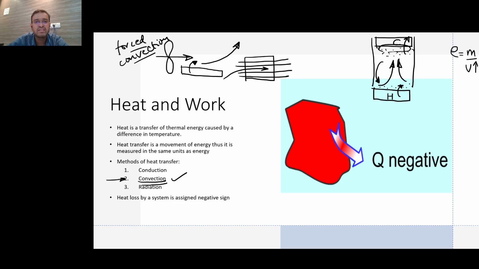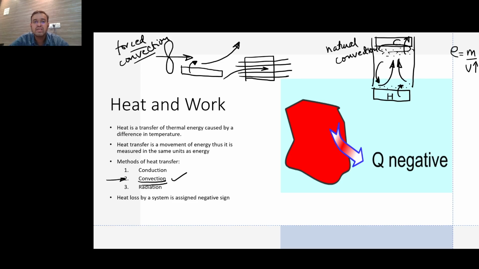This is an example of forced convection, where because of the motion of the motorcycle through the air, the air comes into contact with the engine and heat is transferred. The other example we used to explain convection is an example of natural convection. I hope this concept is quite clear to you.